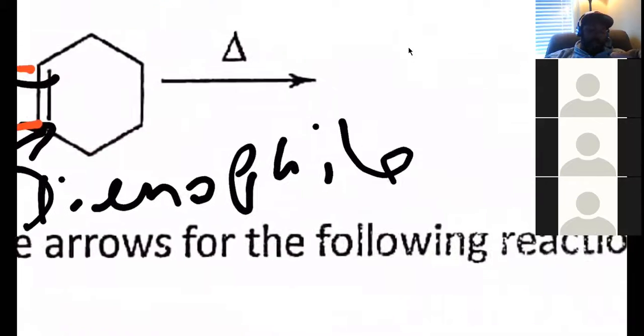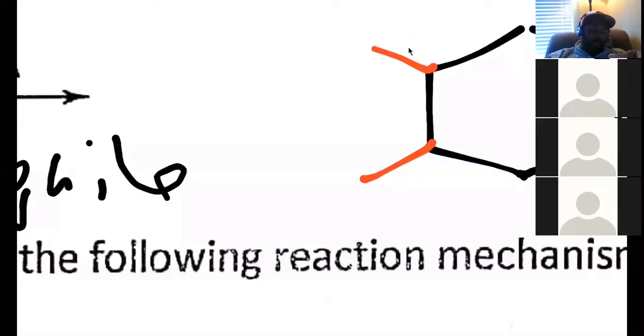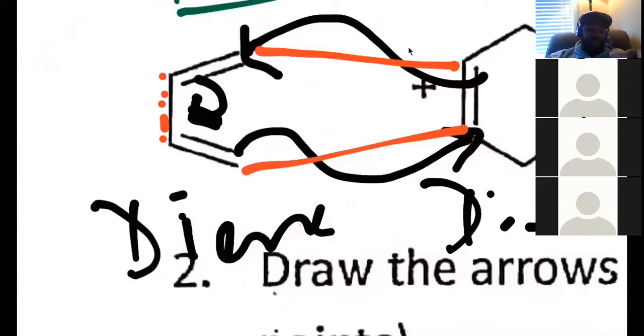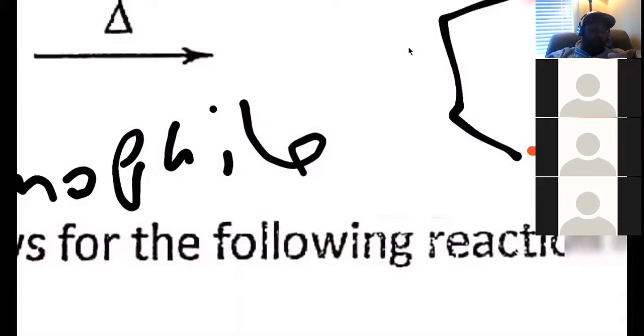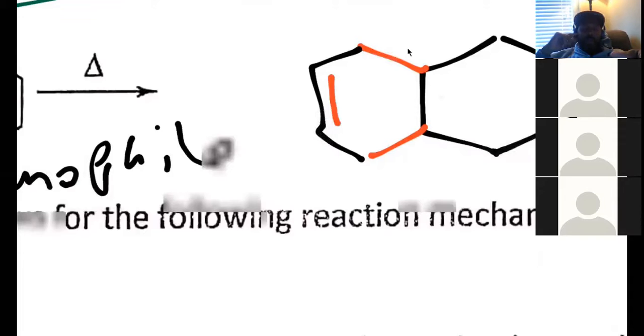And so those sigma bonds are going to be here and here, right? Are you following? And then the pi bond that got shifted is going to get shifted to here. So that's why it's got to be in that specific spot. It's got to be right here. Are you following that? Yes. All right, cool.